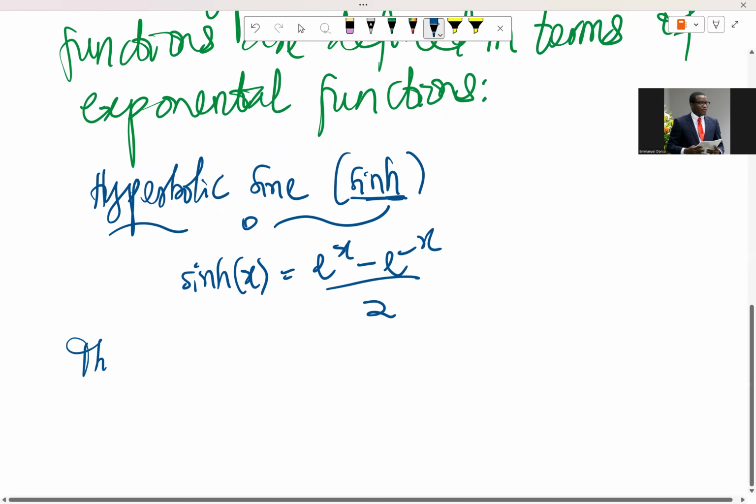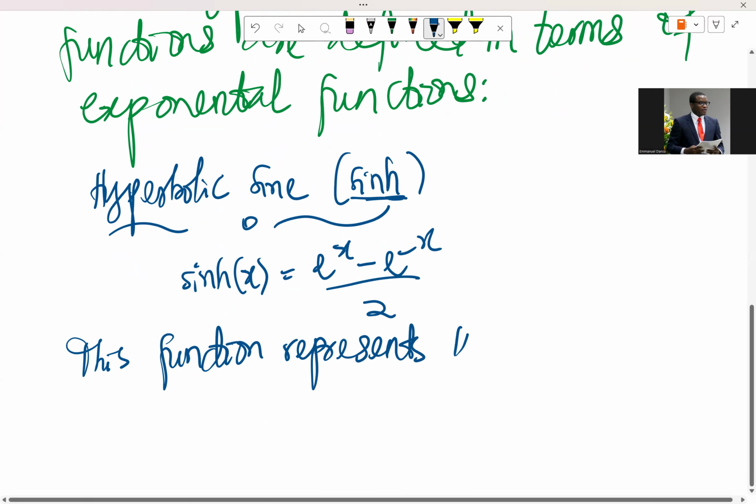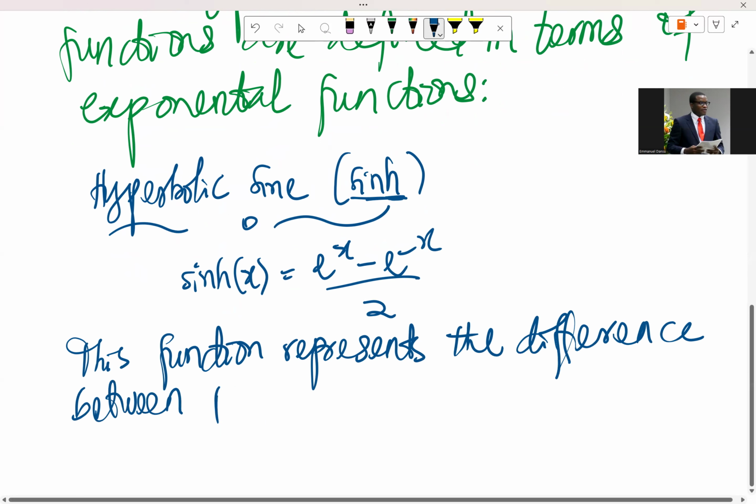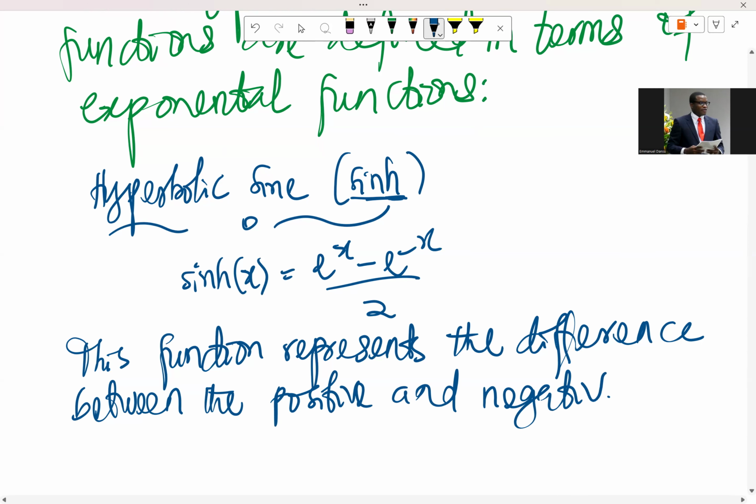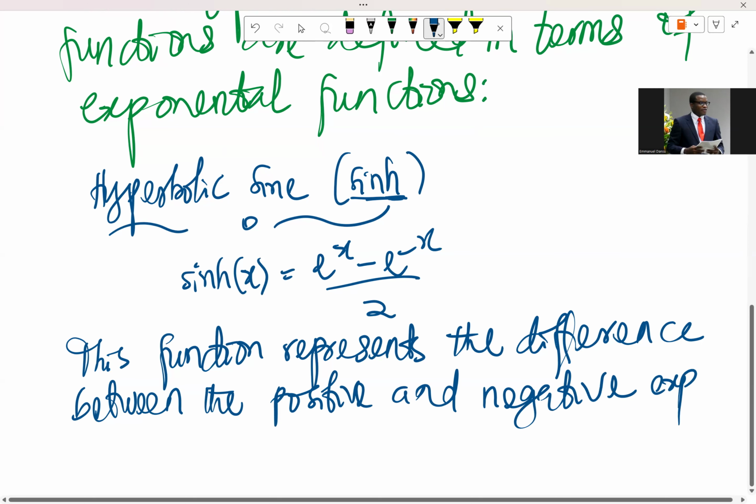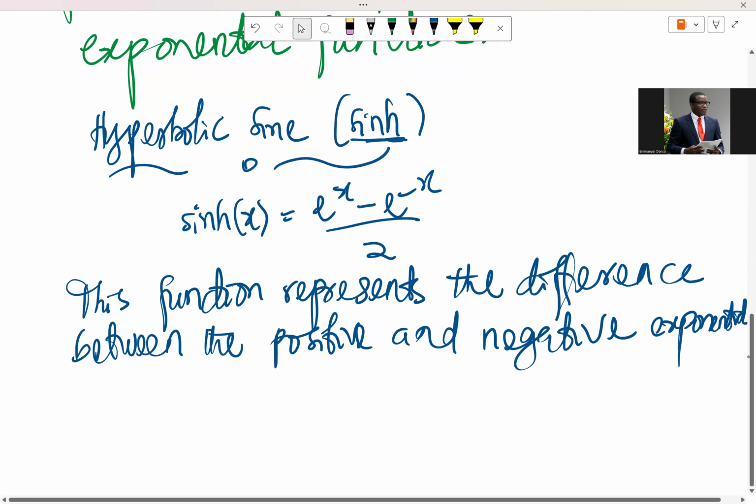So this function represents the difference between the positive and negative exponential functions, divided by 2.